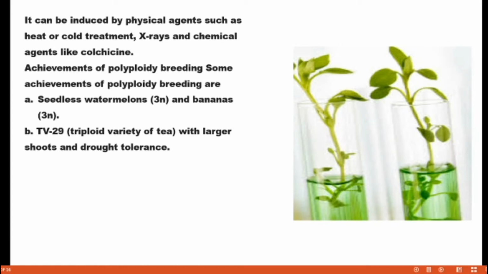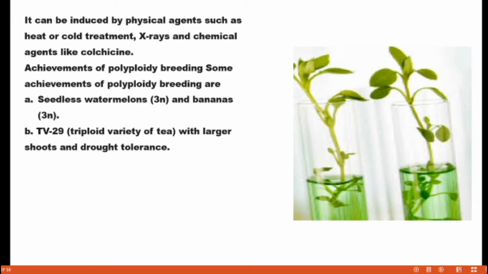One is the seedless watermelon. A normal watermelon has only two nuclei, but the seedless watermelon is polyploid. Bananas are also polyploid. Normally they should be diploid, but here the plants become polyploid.